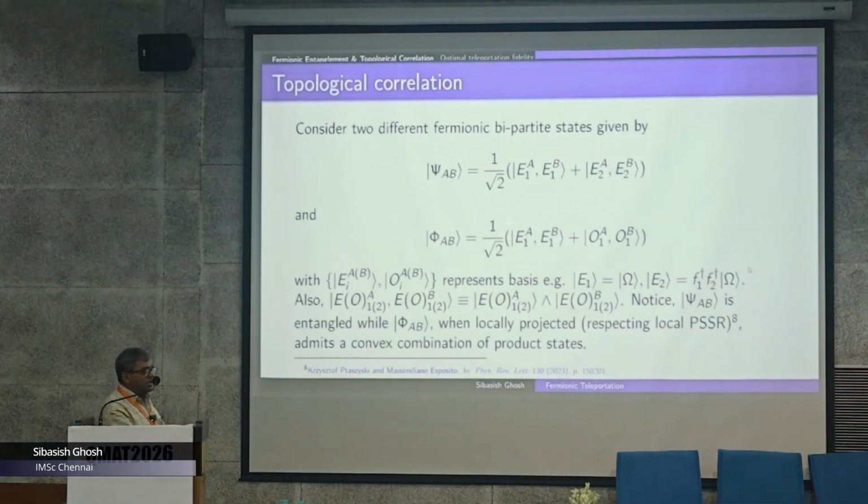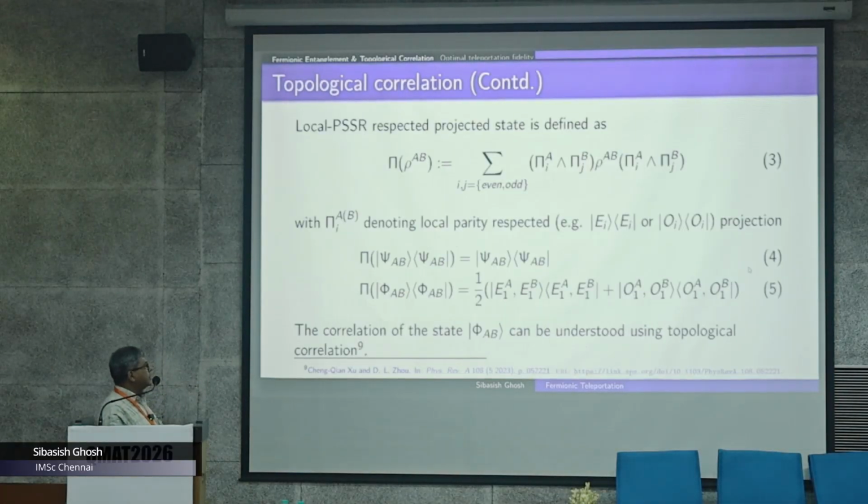On the other hand, if I look at this state, which is again a superposition of, this is an even parity state of Alice and an even parity state of Bob, and this is an odd parity state of Alice and an odd parity state of Bob. So in that sense this is not an entangled state. Why? Because if I apply the local projectors, which are also PSSR satisfying, then what you will get is basically this superposition, not a mixture of these product states.